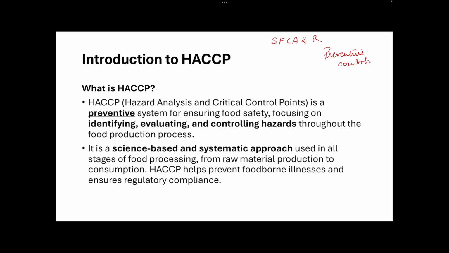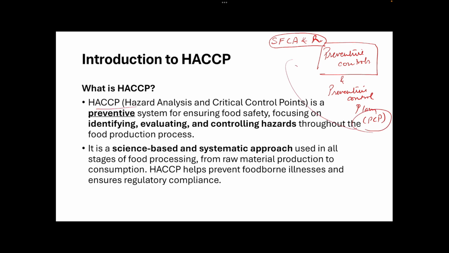In recent years, Canada has passed a new law, that is Safe Food for Canadian Act and its regulations. Under this law, HACCP principles have been embedded, but they're not called HACCP as such. They're called preventive controls and preventive control plans, PCP, which is essentially the same as HACCP.